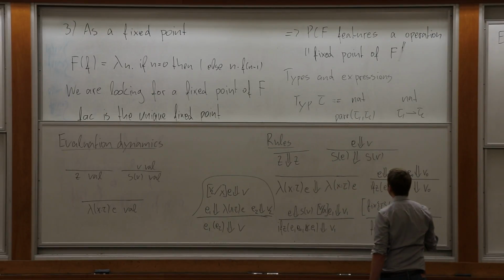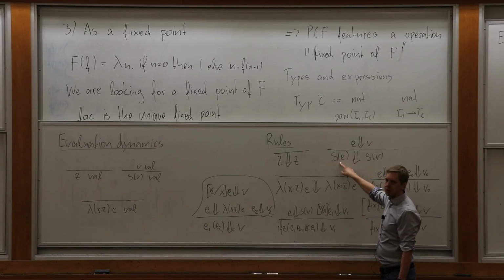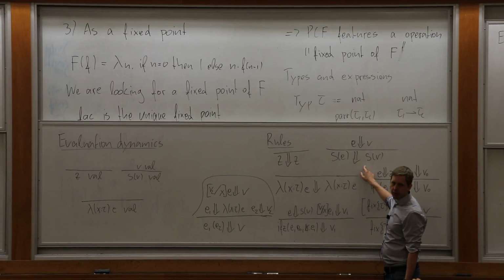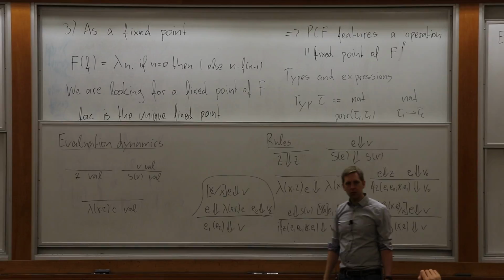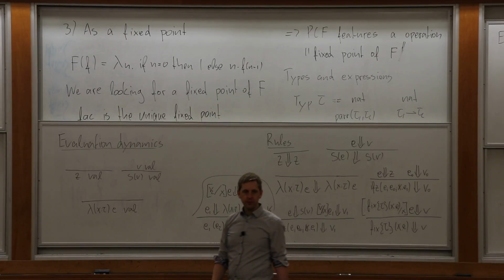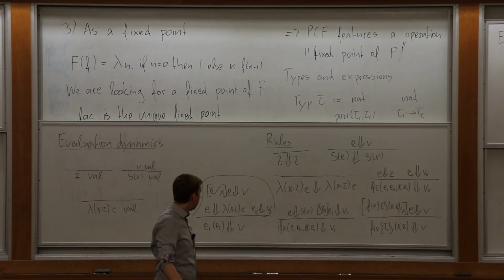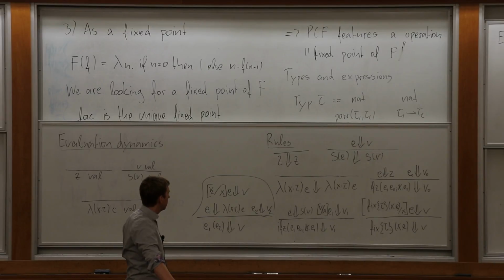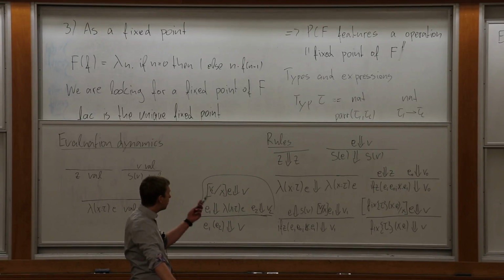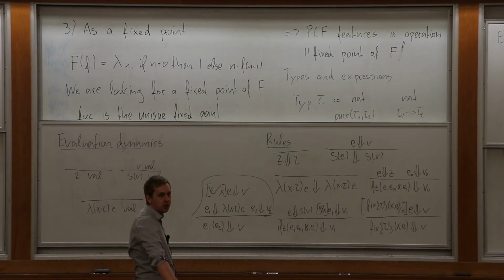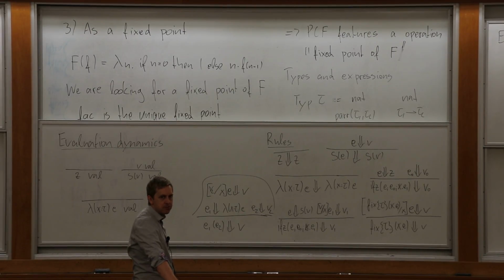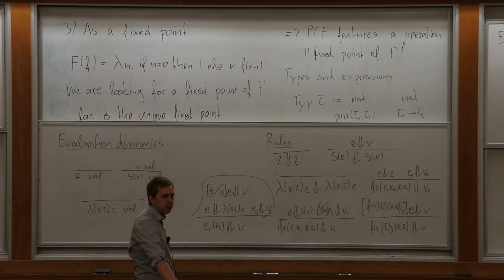Here you jump directly from an expression to another expression, and it happens that this expression is always a value. So what's the difference between this evaluation and step star, or the closure of the step? Here you don't have a notion of step star, you can't decompose it into single steps.